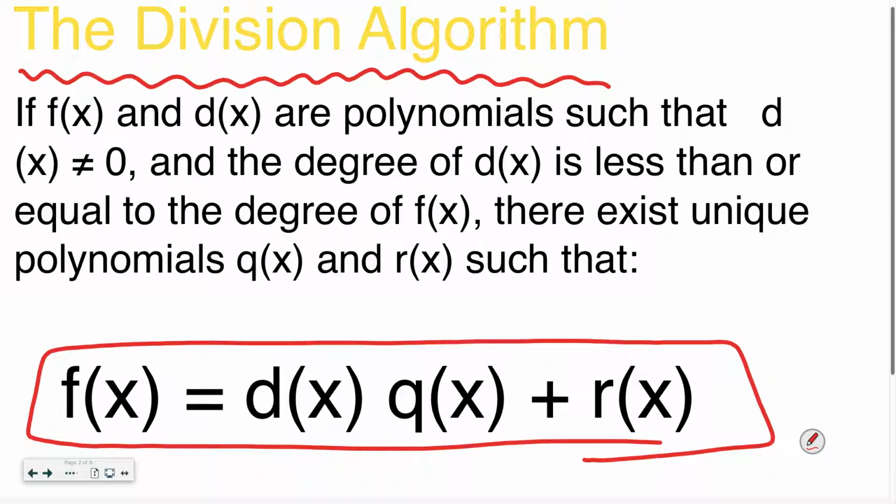Okay? It's basically taking your dividend and rewriting it in terms of the divisor, quotient, and remainder. Okay? It is going to change nothing that we do in terms of our division. It's just another way of rearranging our items.